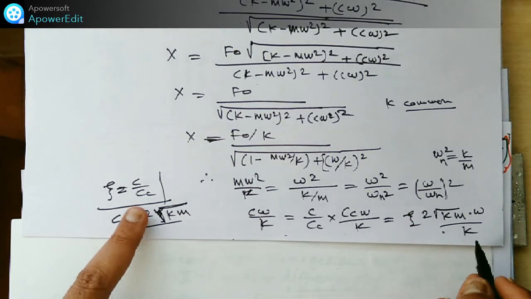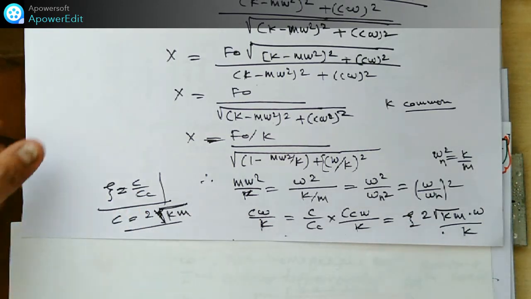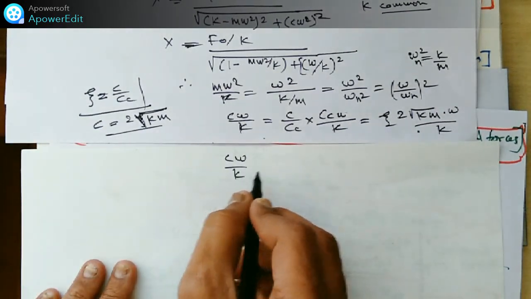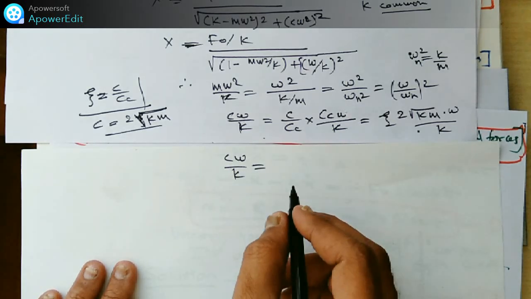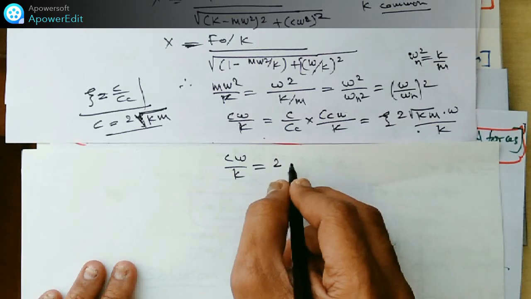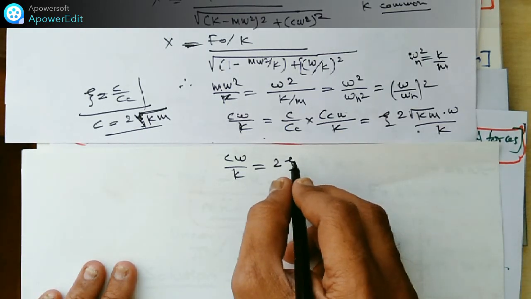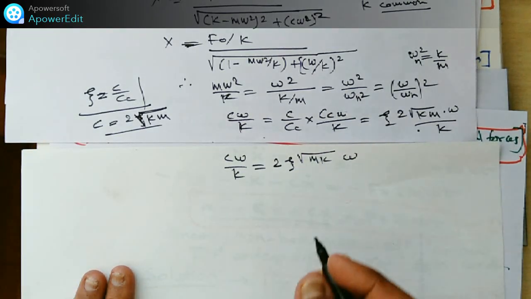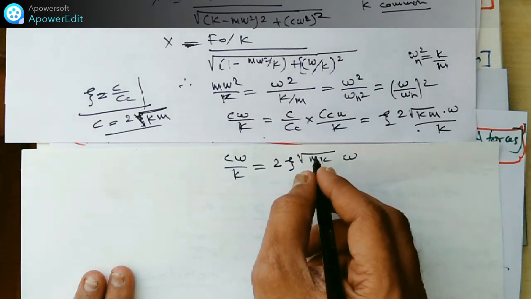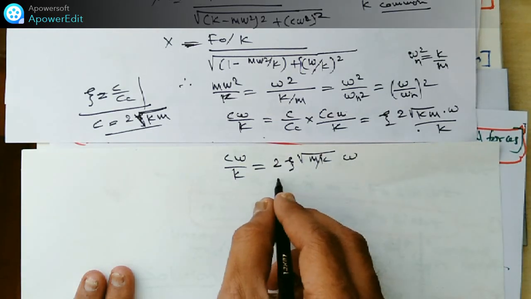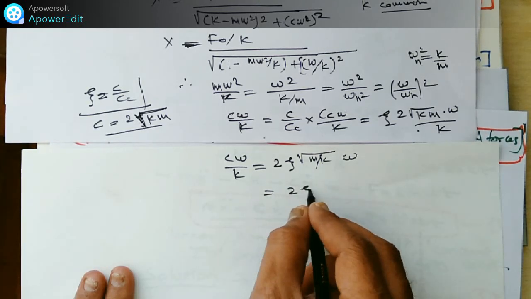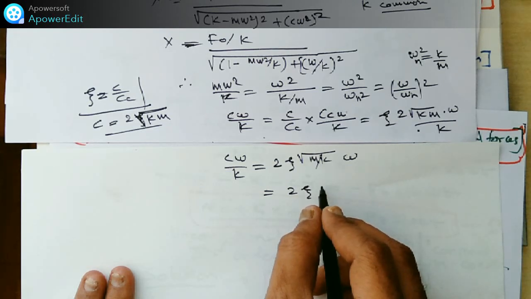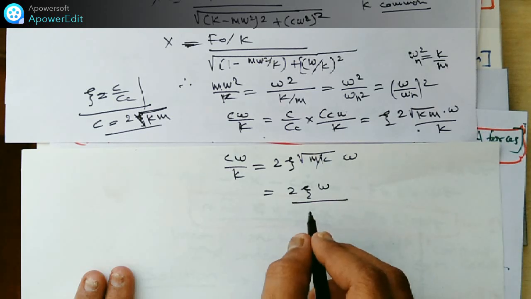This km upon k, what will happen? We convert c omega by k in this form: remaining is 2 zeta into the square root of m by k into omega, or below reciprocated k by m.